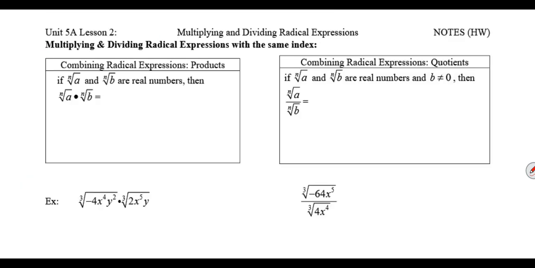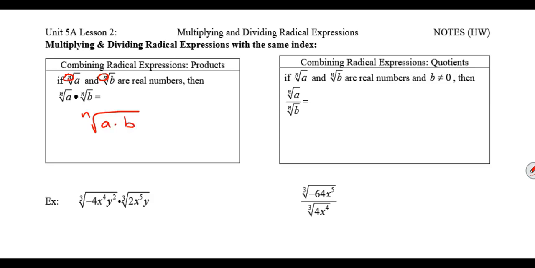Let's go over to, this should be kind of a little bit of a review, right? We've done square roots times square roots where you just multiply them. Well, that rule applies no matter what the index is. If the indexes are the same, so we have nth root and nth root, when they're being multiplied together, it's just going to be the nth root of a times b.